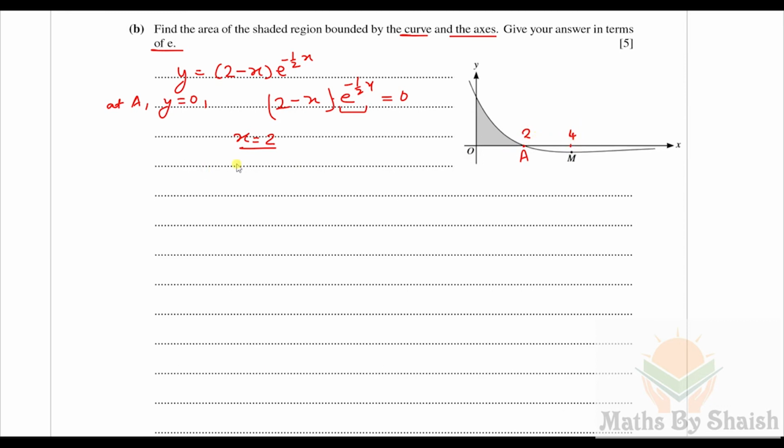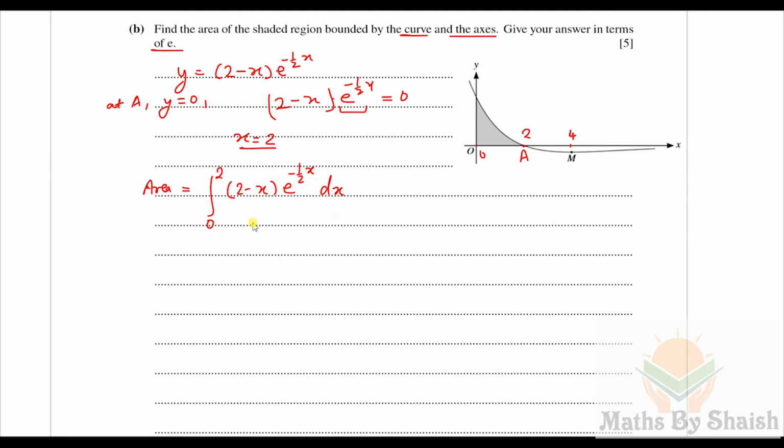Now in order to find the area, the area is going to be the integration from 0 to 2 of y dx. Y dx means (2 minus x) into e raised to the power negative half x dx. That is what we need to find.